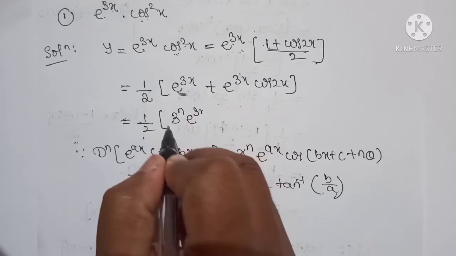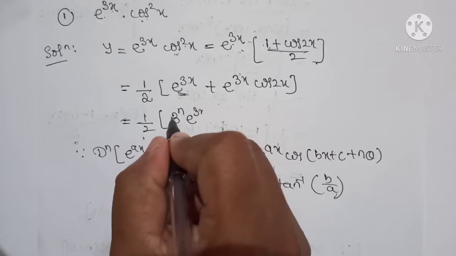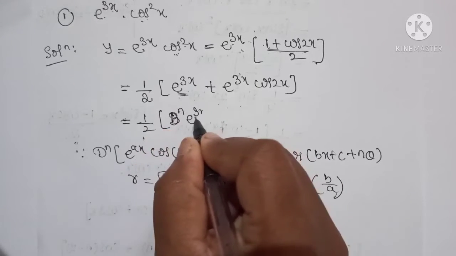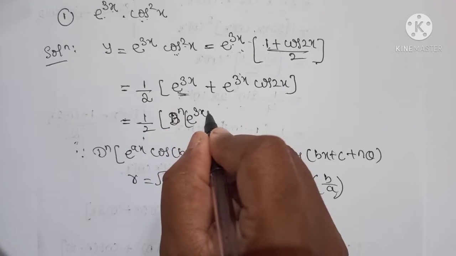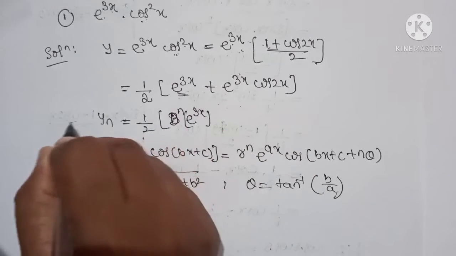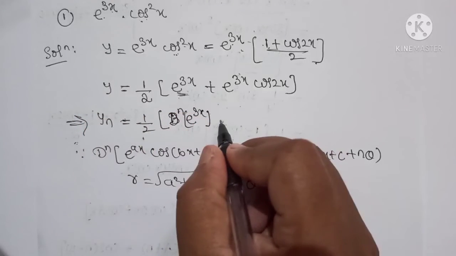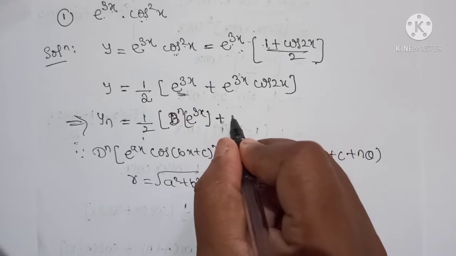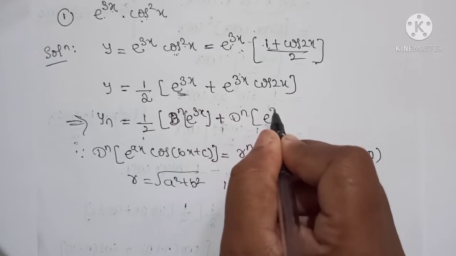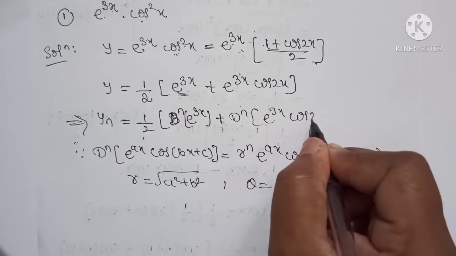So first we apply the nth derivative: y n equals the nth derivative of e raised to 3x plus the nth derivative of e raised to 3x cos 2x.